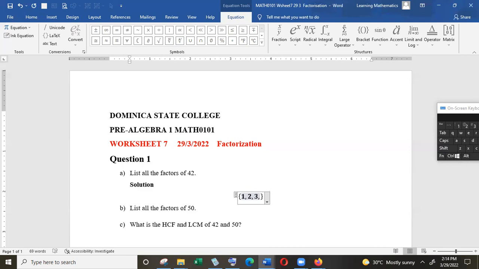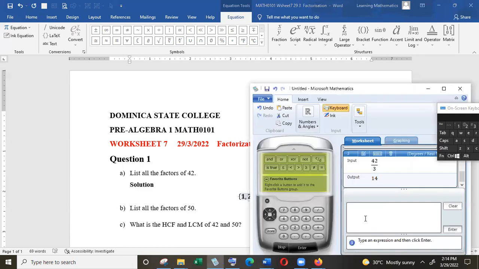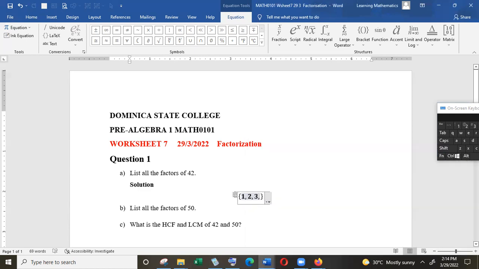So 4 is not a factor of 42. 5 neither. What about 6? Let's see if 6 is a factor. Yes, 6 is a factor of 42. So therefore, 7 is a factor of 42.